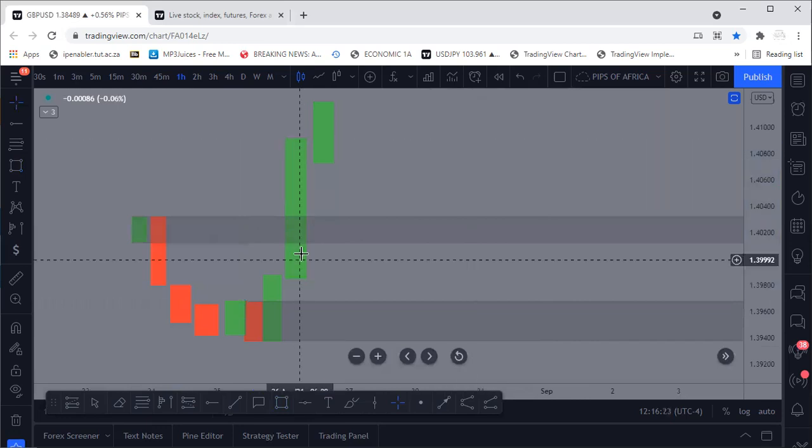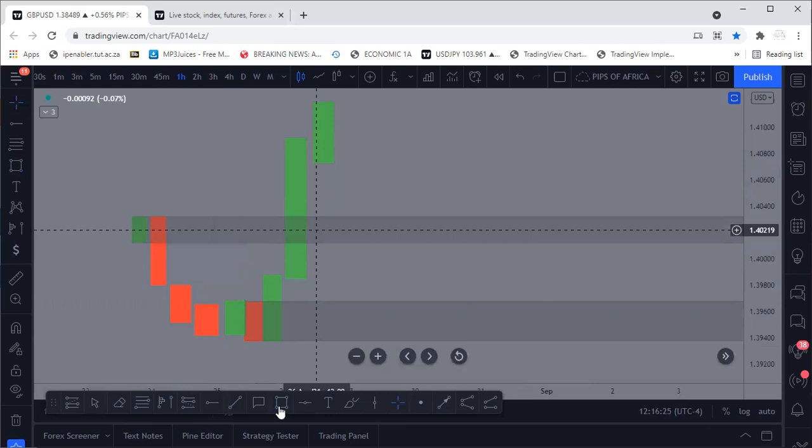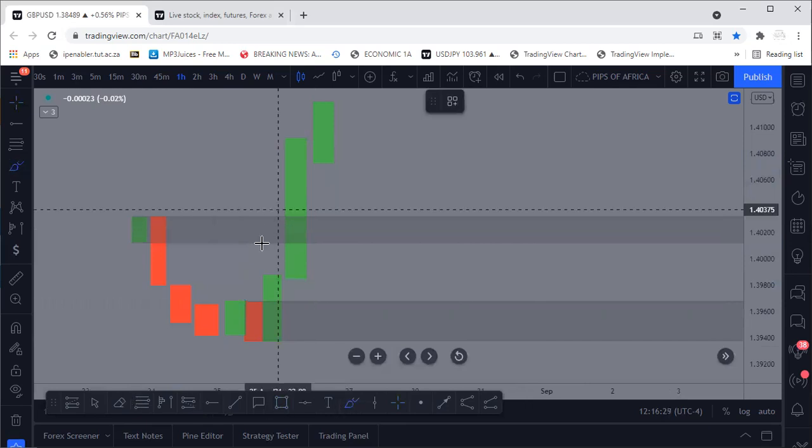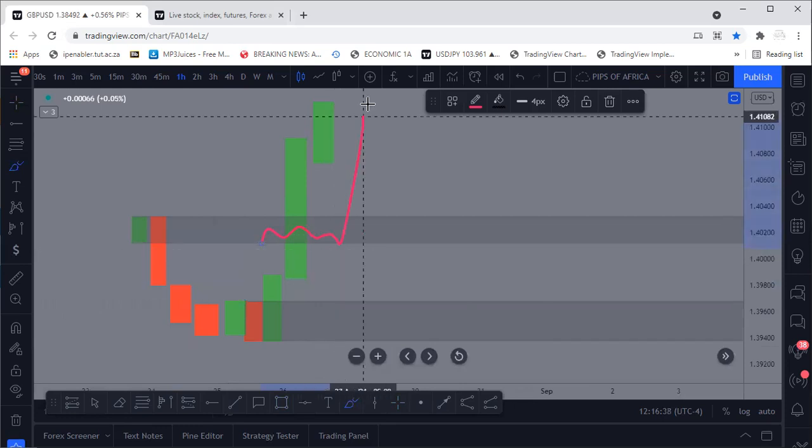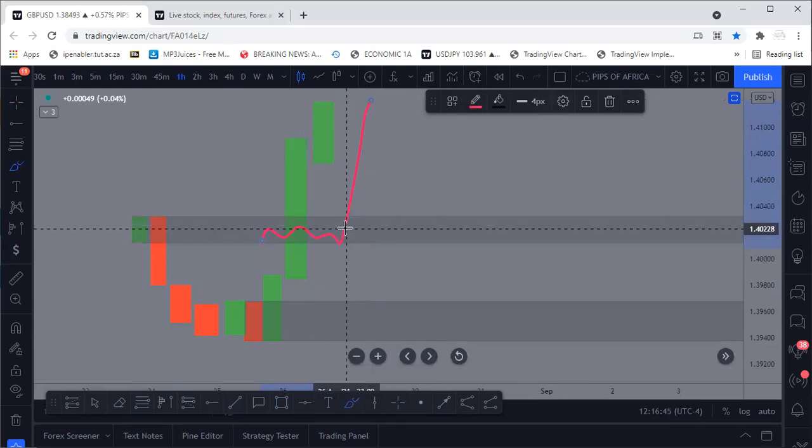Inside here, when you go down to smaller time frames, you'll see a consolidation. You'll see the price consolidating like this, and it will take out the lows and then shoot up. Right? So this one was a reaccumulation. You'll see an order block here.